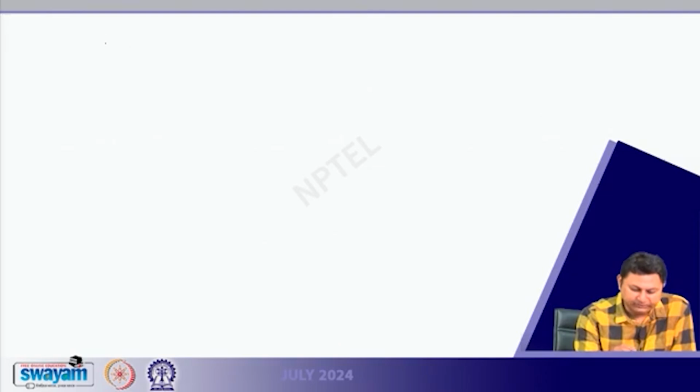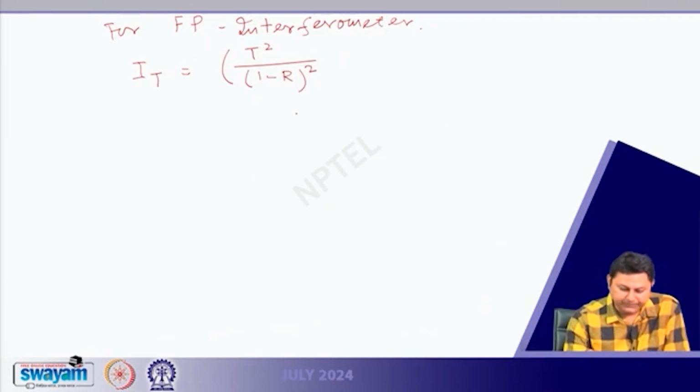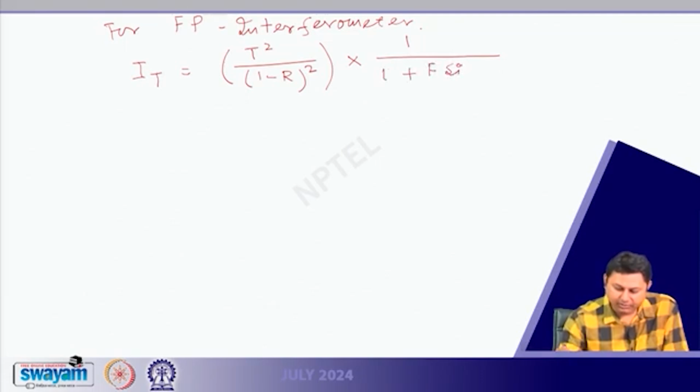For the Fabry-Perot interferometer, the transmitted intensity is defined as T square divided by 1 minus R whole square, multiplied by the factor 1 divided by 1 plus F sine square delta by 2, where delta is the path difference.